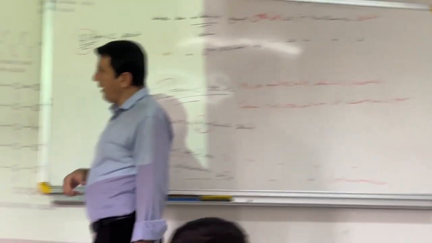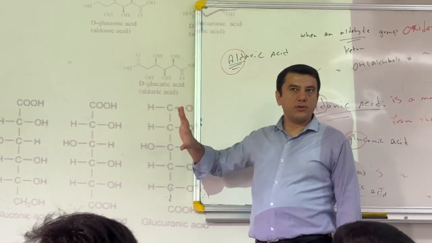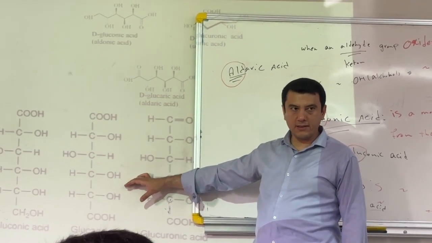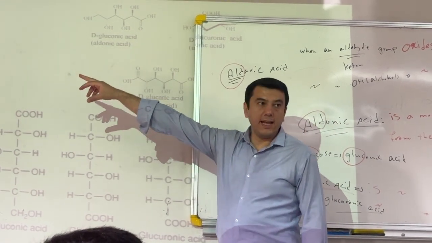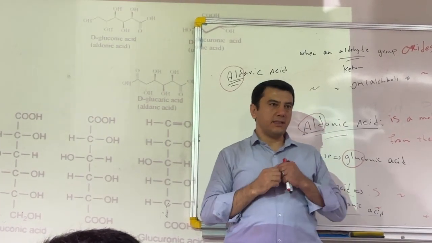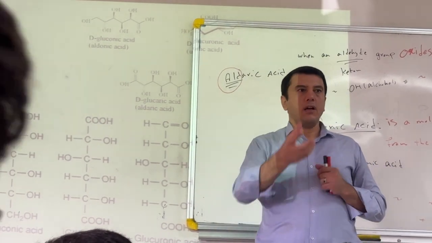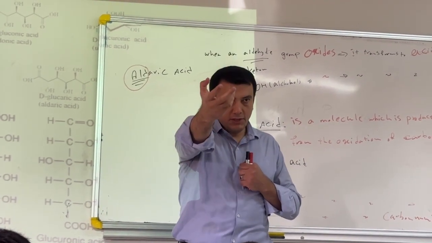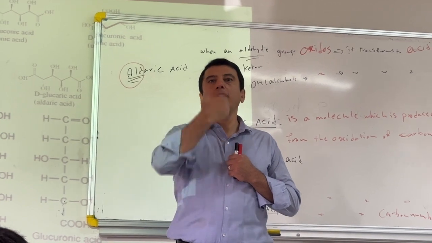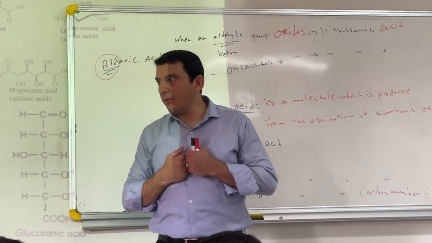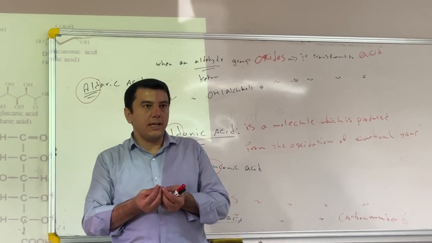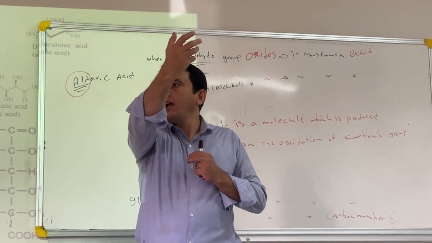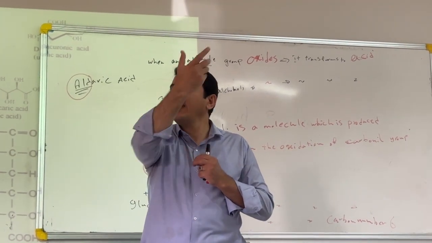Well, the first type of chemical reactions of monosaccharides is oxidation. Oxidation means a molecule gains oxygen, loses hydrogen, or loses electrons.